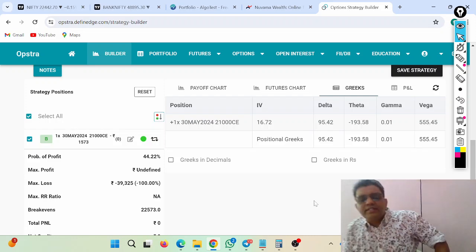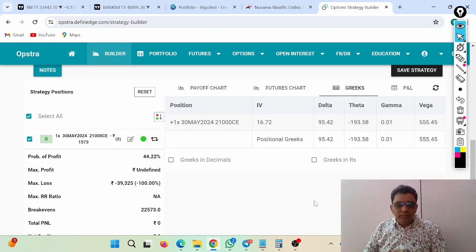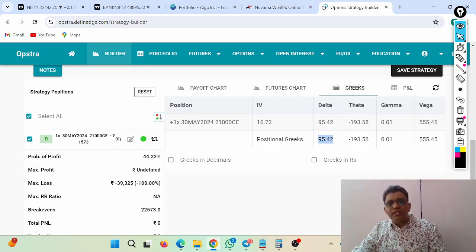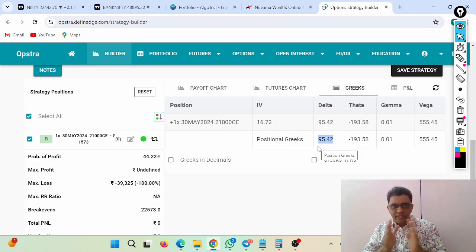Here what it is saying is that the probability of my winning is 95%, or this 21,000 call option will increase by 95 rupees for every 100 points increase in Nifty. Similarly, my 21,000 call option will decrease by 95 rupees if Nifty comes down by 100 points. This is a general definition of delta.